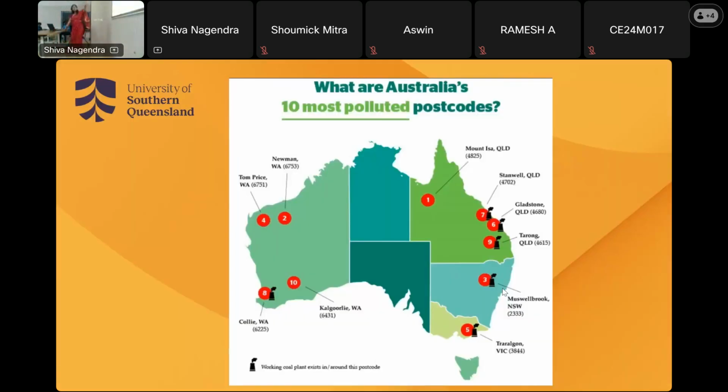So the case study is based on the most polluted hotspots. These are some of the most polluted hotspots in Australia in different states, and I have taken 4 main hotspots, and I'll tell you why those particular hotspots were chosen.